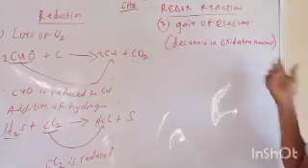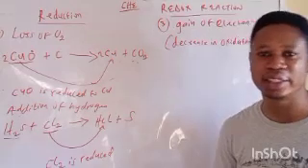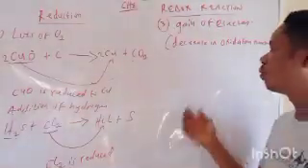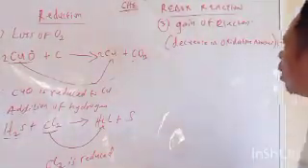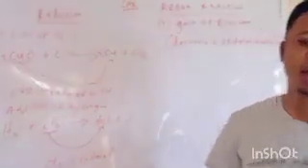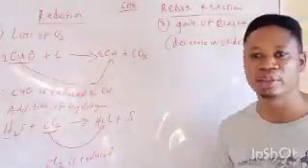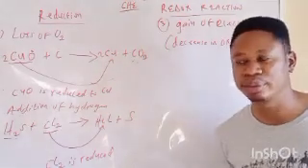So it will be easy for you to understand the increase and decrease pattern of loss and gain of electron. Whenever there is a decrease in the oxidation number of an element or an ion, such ion or element is said to undergo reduction.